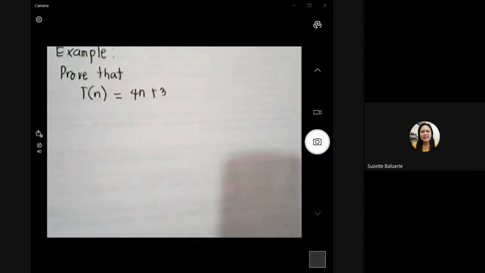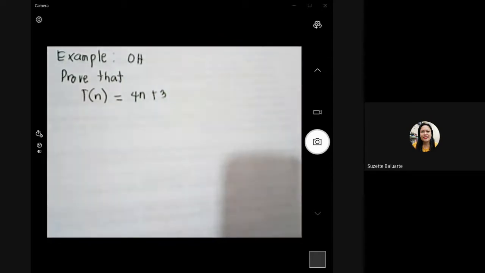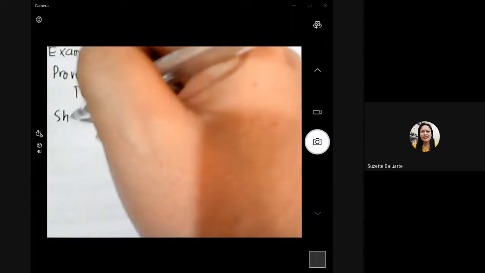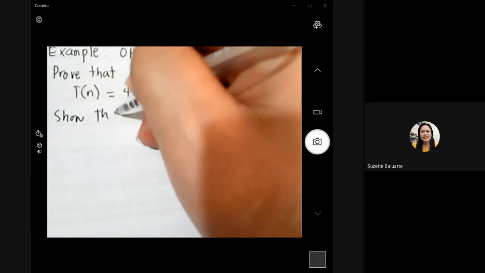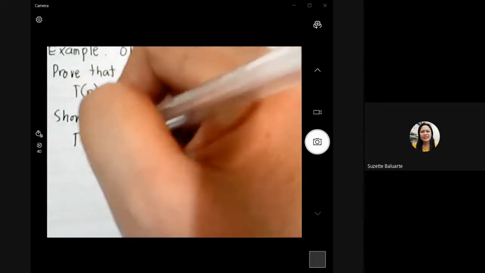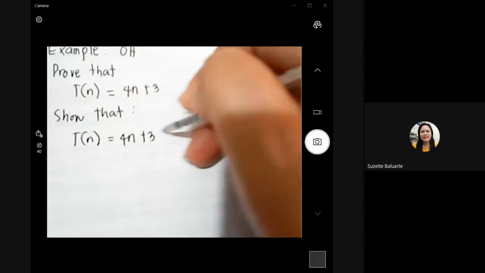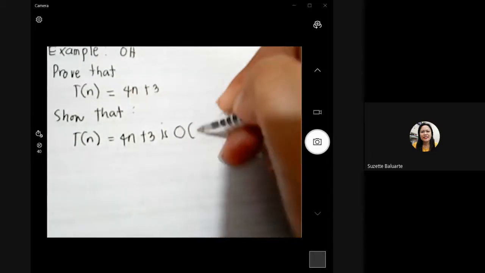We will try to prove that 4n plus 3 is big O. So, show that your T of n, which is equal to 4n plus 3, is big O of n.